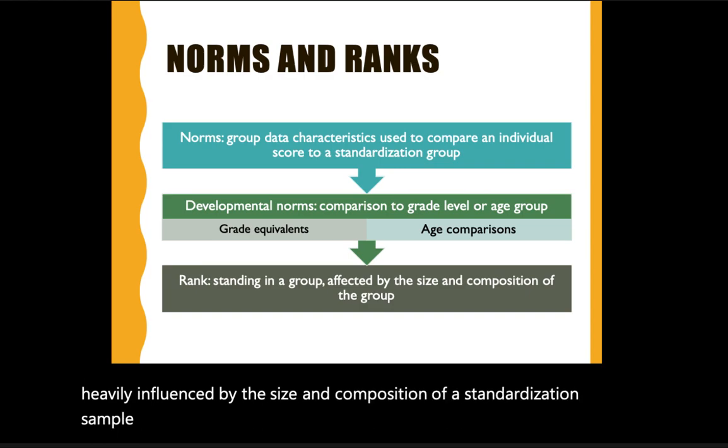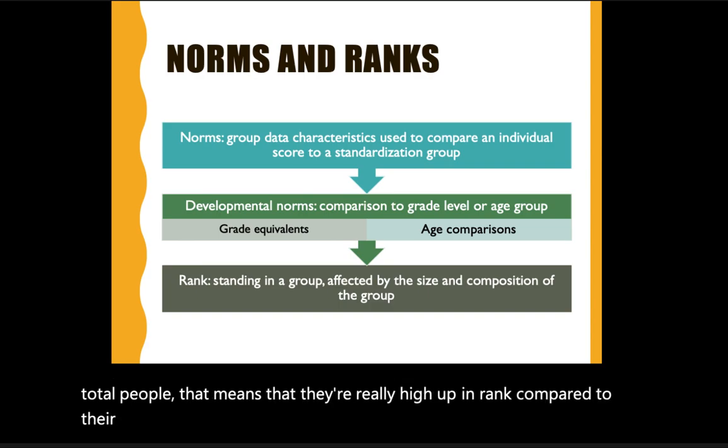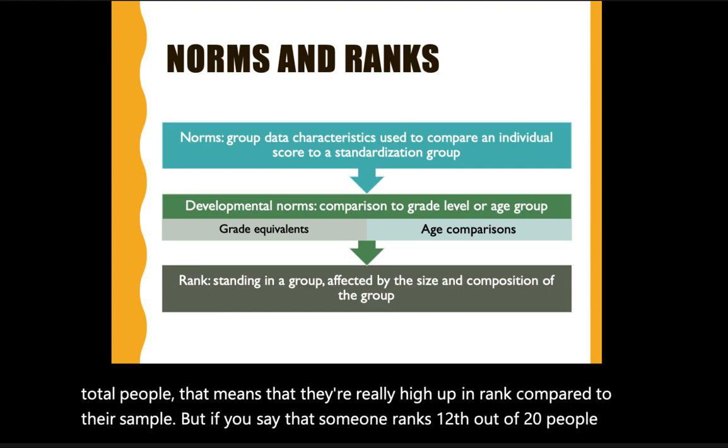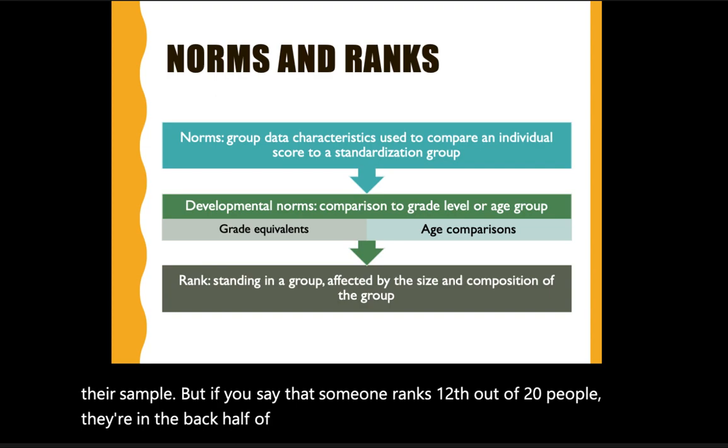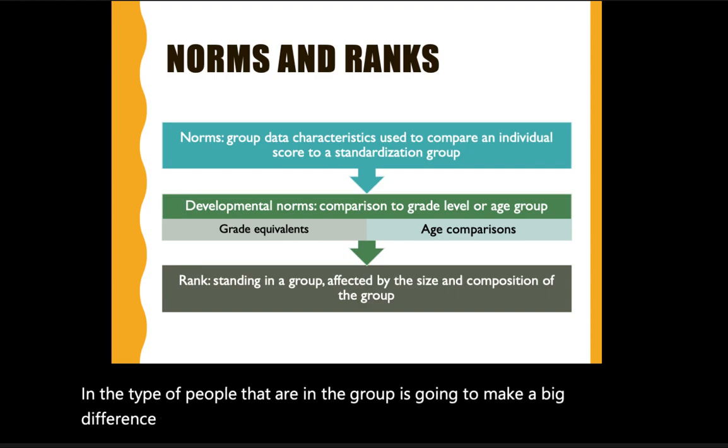So for example, if you say that someone ranks 12th out of 10,000 total people, that means that they're really high up in rank compared to their sample. But if you say that someone ranks 12th out of 20 people, they're in the back half of people. So the size of the group and the type of people that are in the group is going to make a big difference in the meaning of someone's rank.